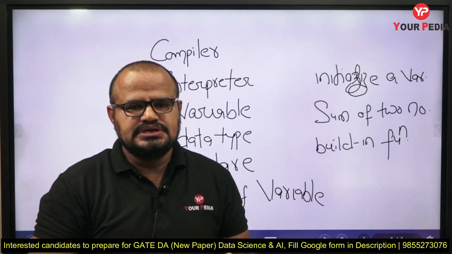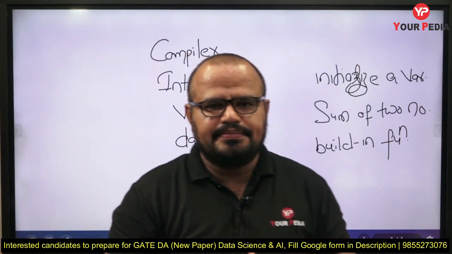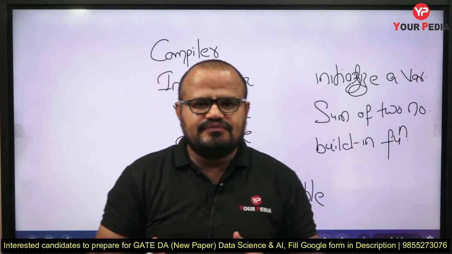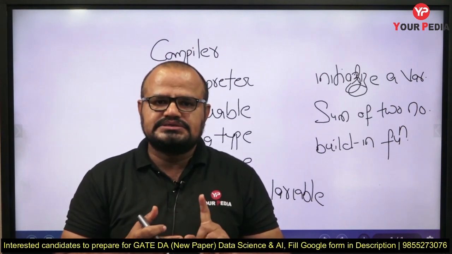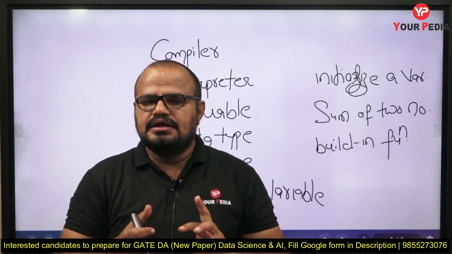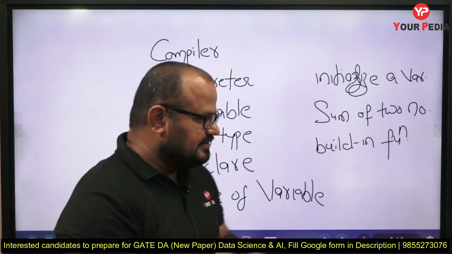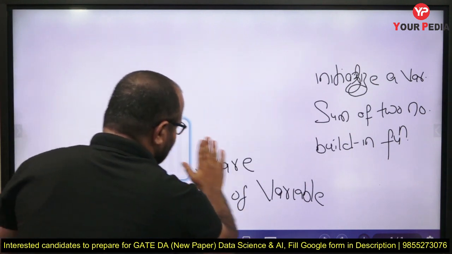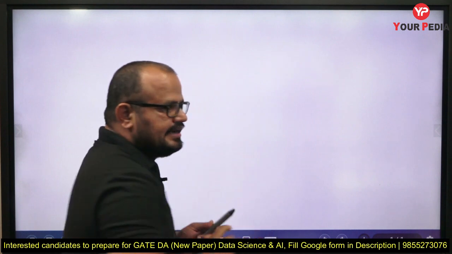Fine, my dear students. So in the previous lecture we discussed the data types. Python supports many types of data types like int, float, complex, str, tuple, then I can say dict, set, all this stuff. So today we are going to continue the previous lecture and discuss the data types.